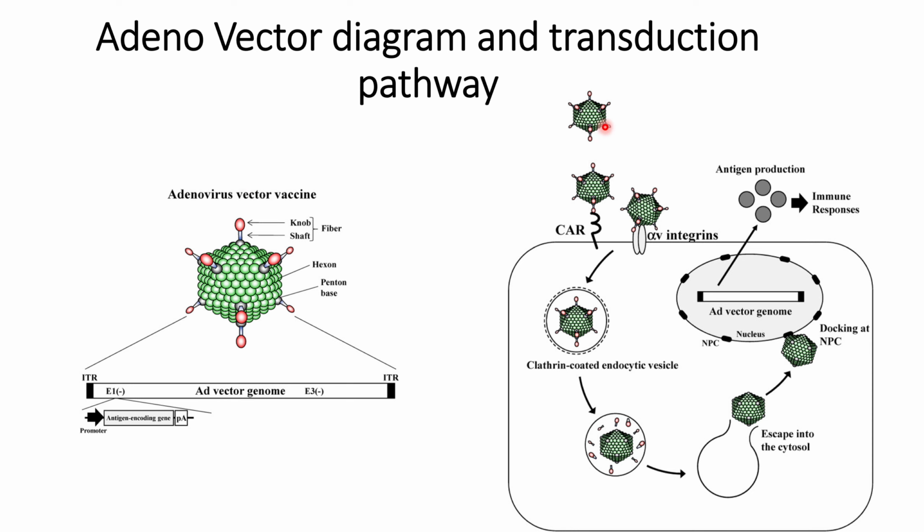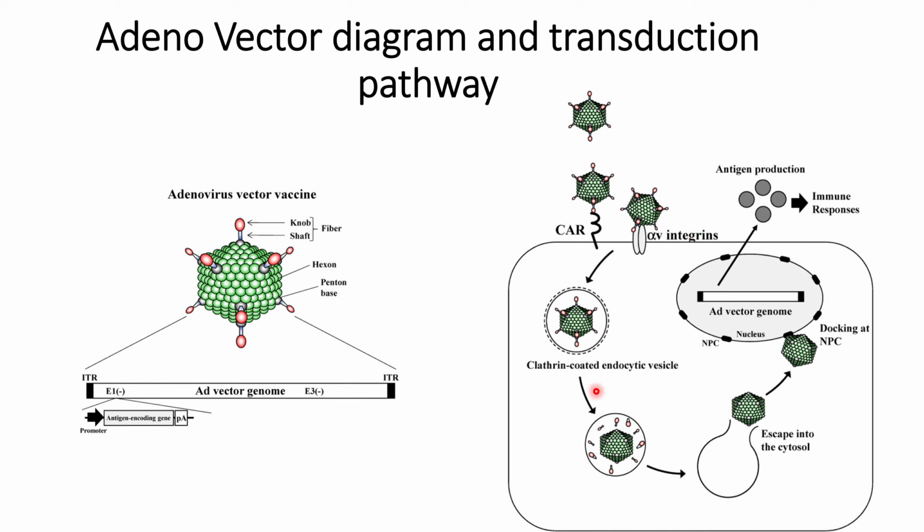So how does it work, and how does it transduce within the cells? The vector comes and interacts with the receptors present on the cell surface, commonly known as the CAR receptors, and this helps the vector come in contact with the alpha V integrins, which help in endocytosis of the cells.